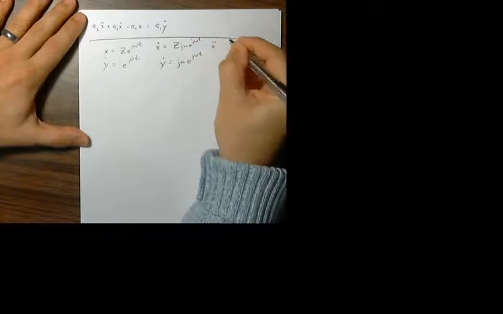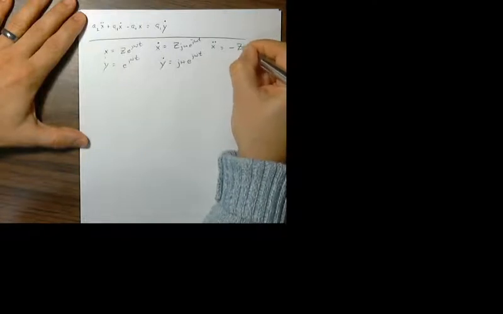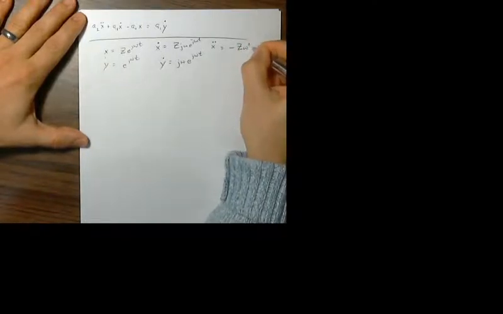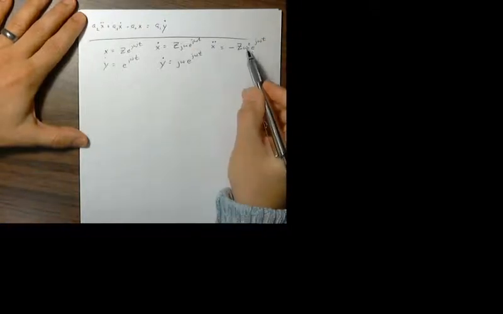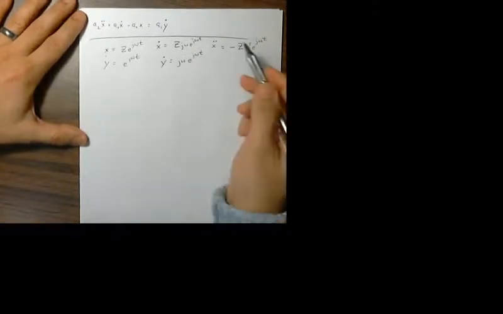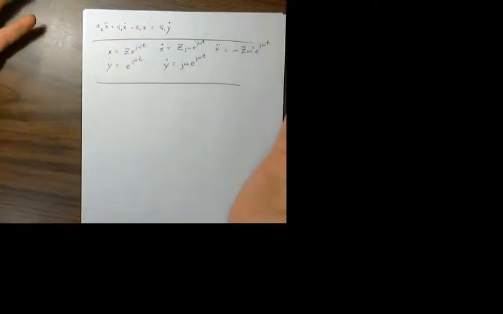Just a quick review, and here's the tricky one, right? Negative z omega squared. Where did the j go? Well, you get a j omega squared, right? J squared is -1. Yeah, so in we plug. Great, we've remembered our derivatives. Now all we have to do is plug in and solve for z.